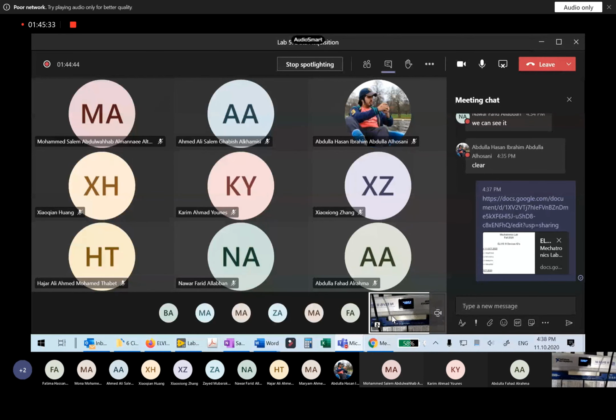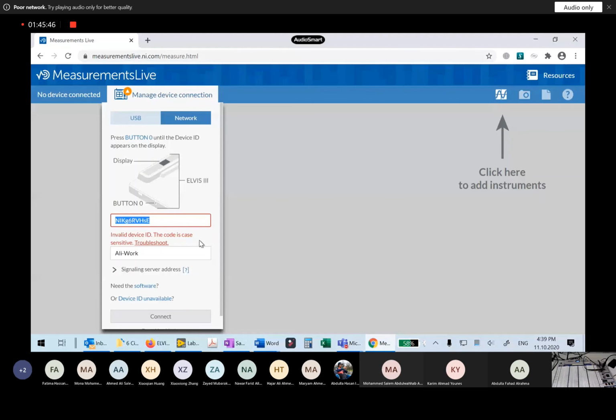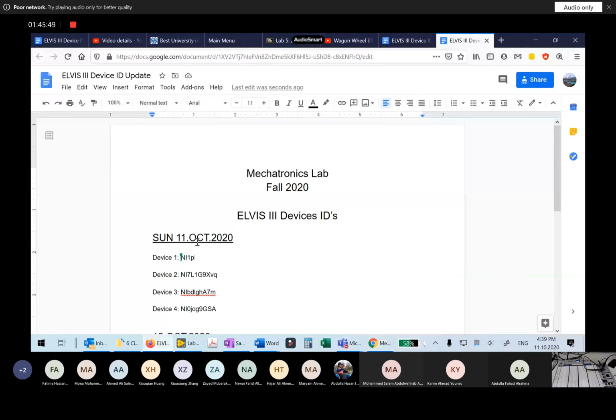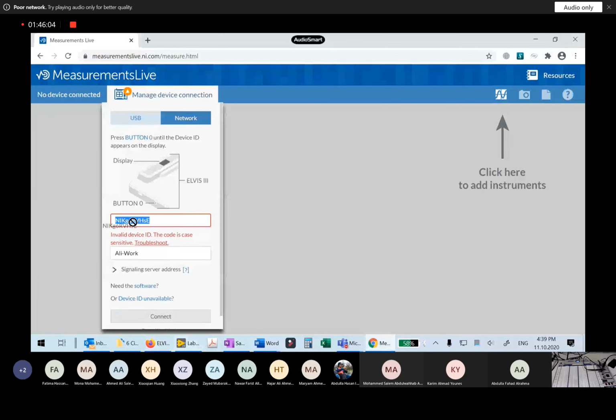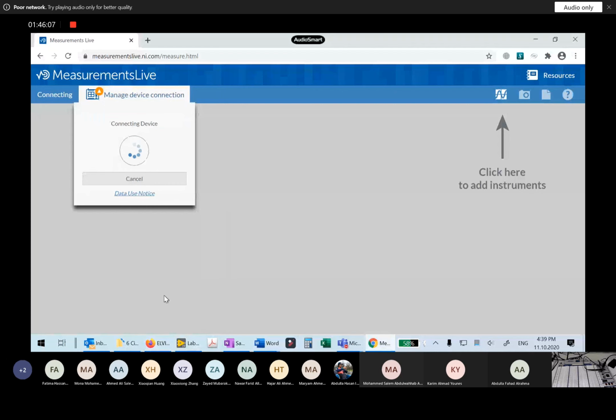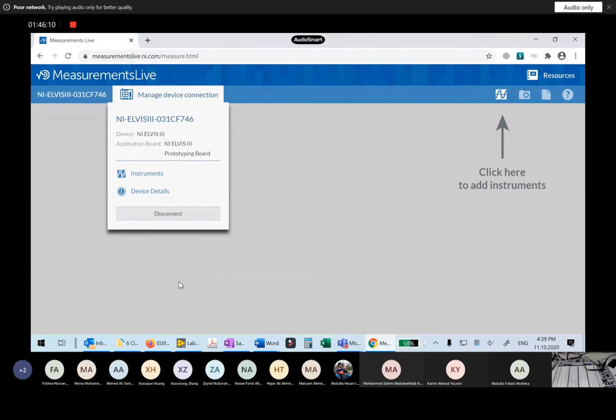So here I see there is a device ID and I need to update this daily. I1PZR, and I1PZR X9W0. Sure. So I've updated the first one. Let me try to use the second one.